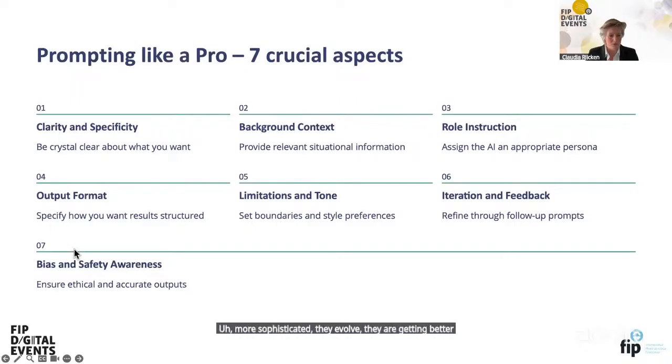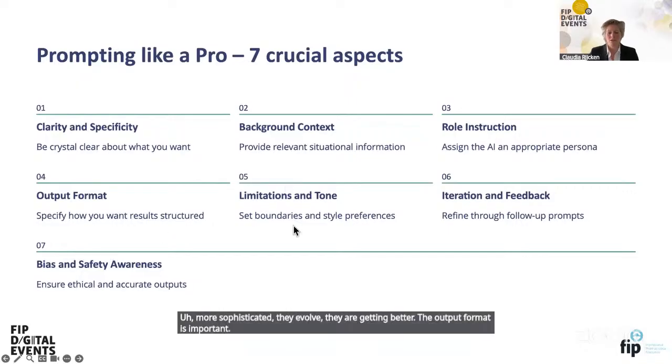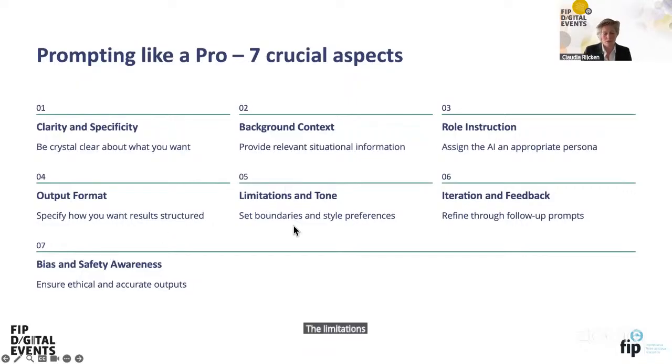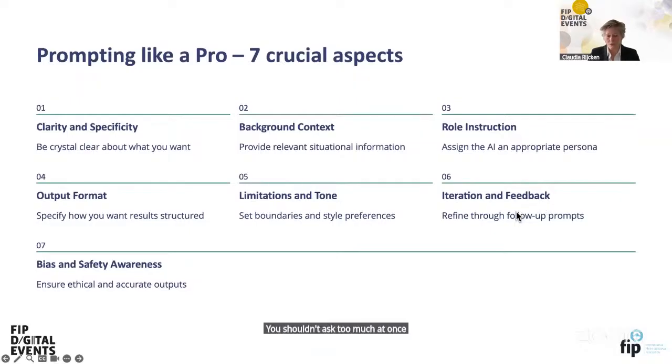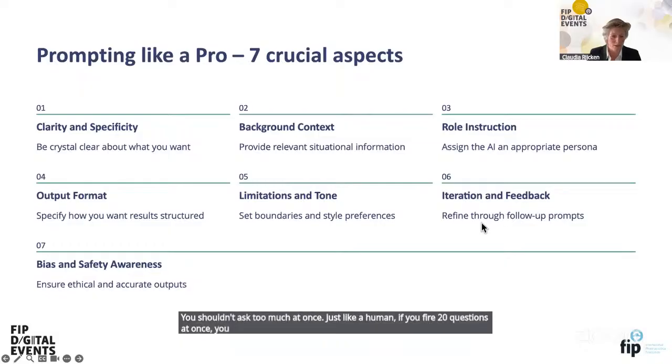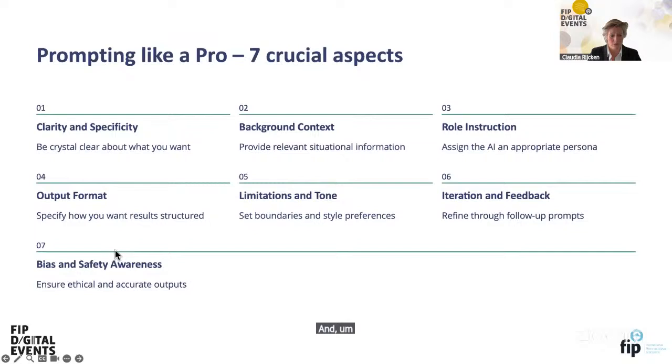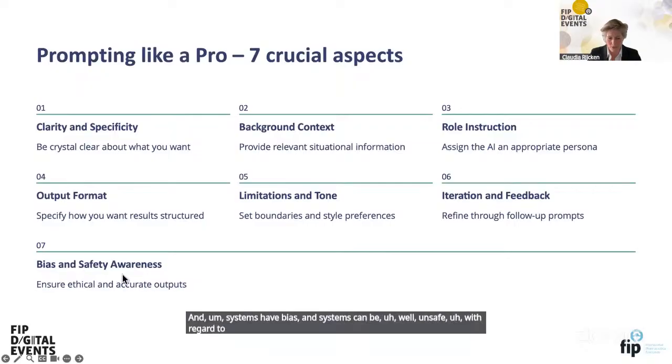The output format is important. The limitations and how you ask, so what is asked and what should not be asked, is very important. You shouldn't ask too much at once. It's just like a human. If you fire 20 questions at once, you will probably not get the answer that you would like to have. And systems have bias, and systems can be, well, unsafe with regard to data sharing. And that's an awareness that you need to have as well.